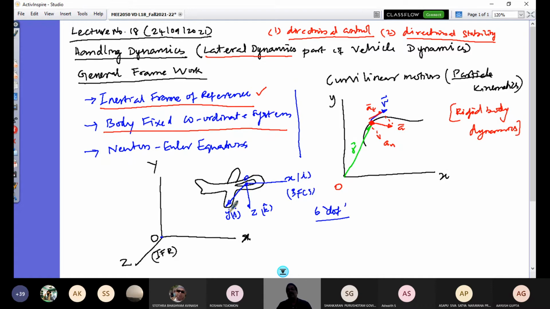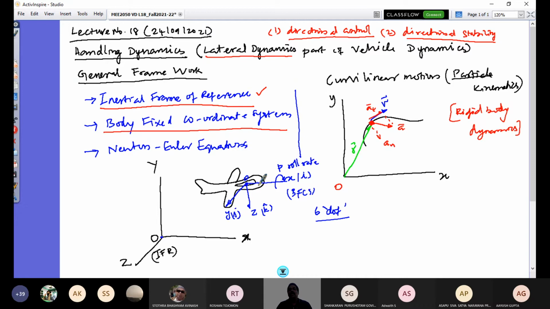It can have a lateral motion, or when it takes a turn while navigating, there will be this motion. So these are all translatory motions, and the aircraft can also roll about this axis. That's given by the roll rate P. What is this called? A roll rate.